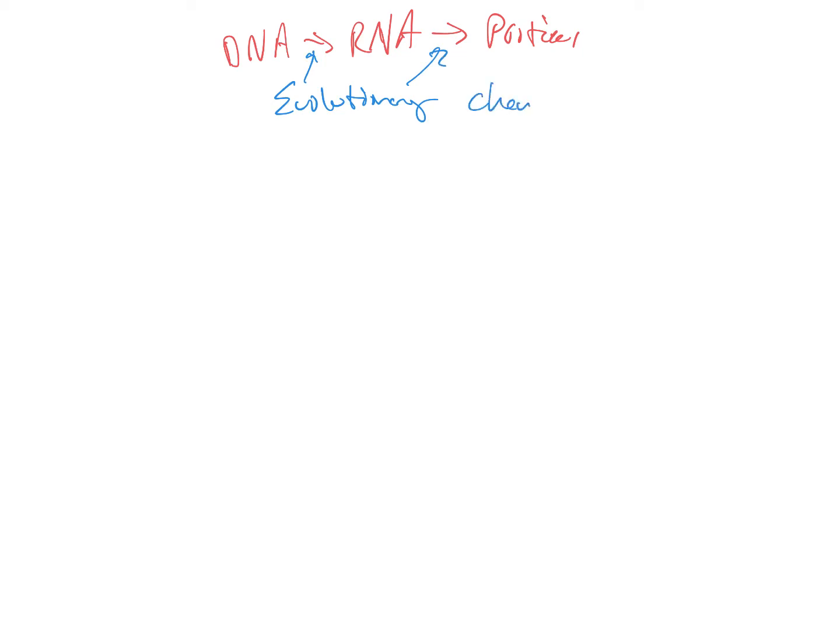I talked earlier about DNA making RNA, making proteins, and the evolutionary part of this is how do these things change over time? And the result is a difference here, making a better protein or making a protein that's not as good.